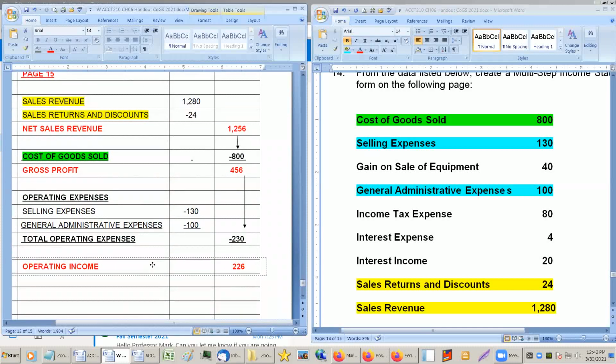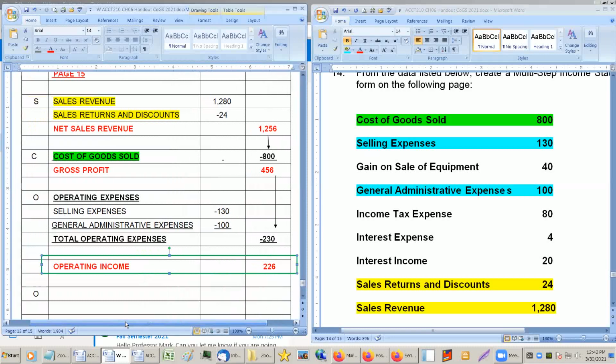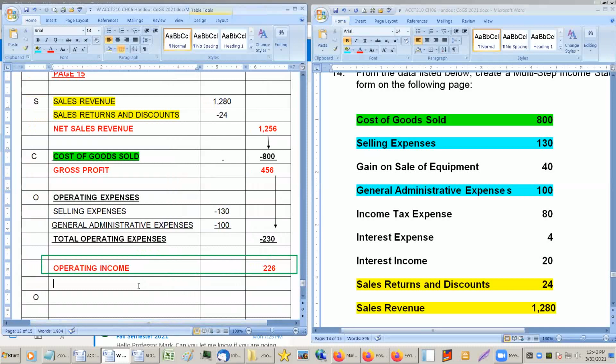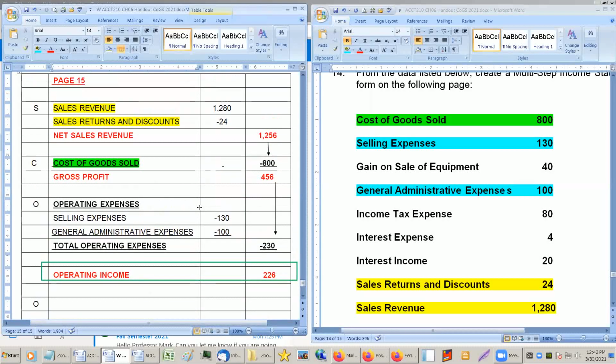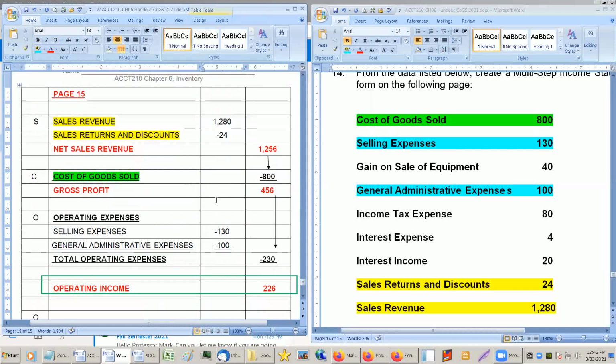But anyway, in a lot of ways, this is the best number on the income statement because it's mostly due to what they're actually in business to do, whatever it is.